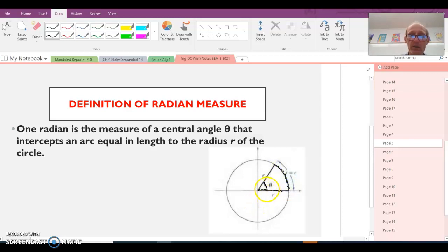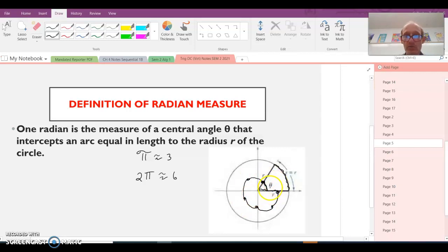Now, if you think about it, pi is about 3.14. I'm just going to call it 3. And if we do 2 times pi, that's roughly 6. So we make 1 radian, 2 radians, 3 radians, 4 radians, 5 radians, and 6 radians all the way around the circle.